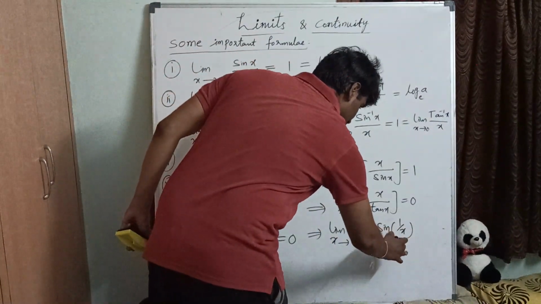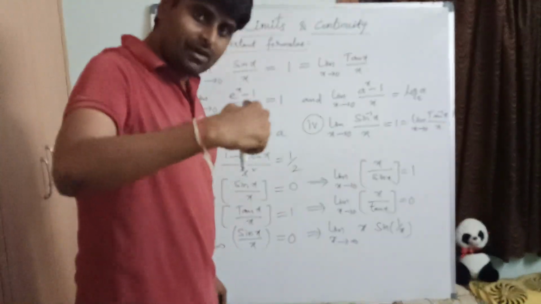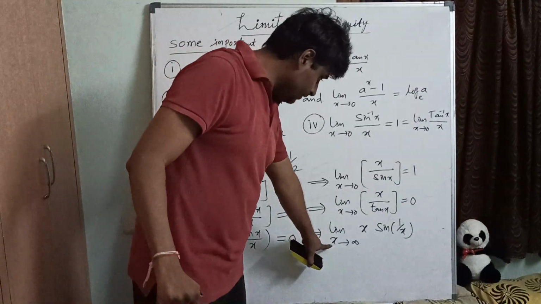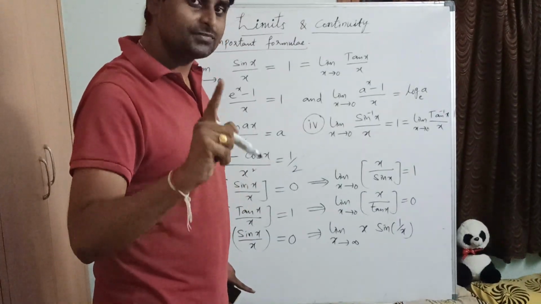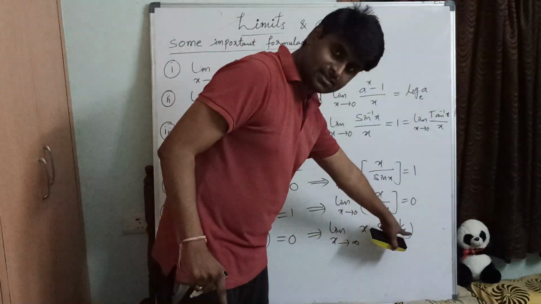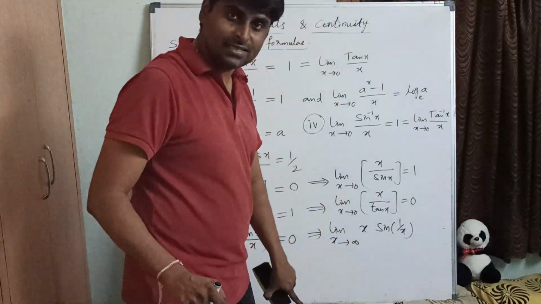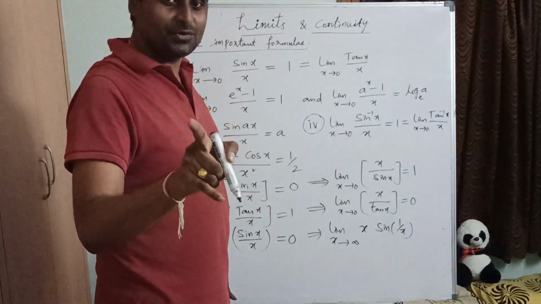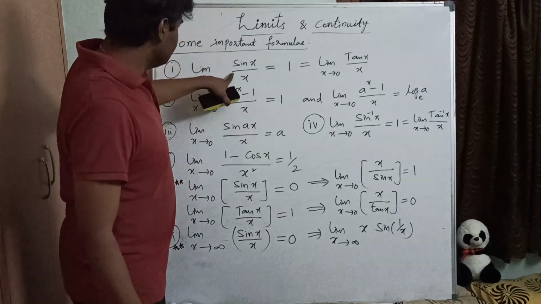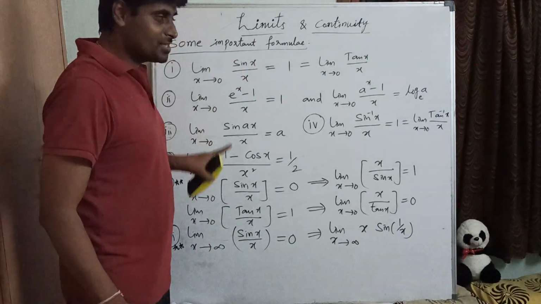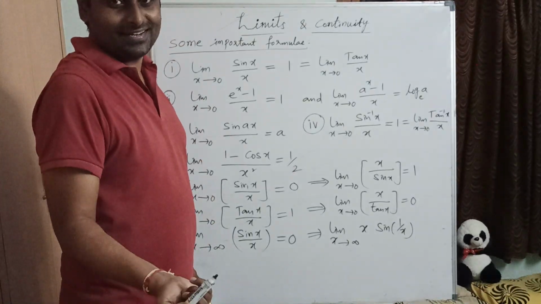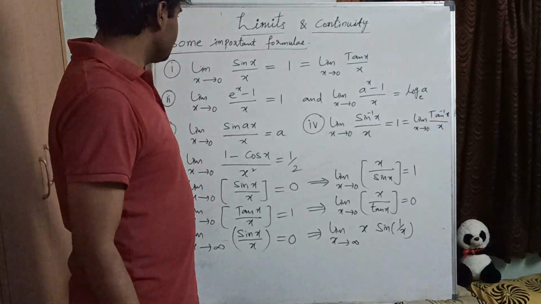So if I write it as sine of 1 by x by 1 by x, whenever x tends to infinity, can I write 1 by x tends to 0? So sine 1 by x by 1 by x, with limit 1 by x tends to 0. So it is in the form of sine of something by the same thing, and the same thing tends to 0. Then that results in 1.